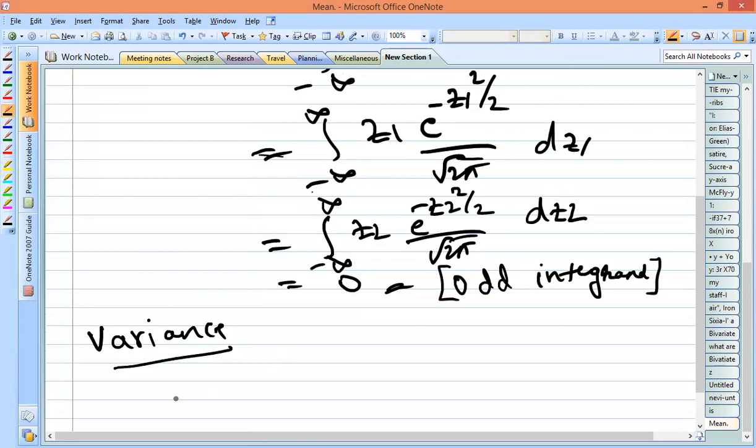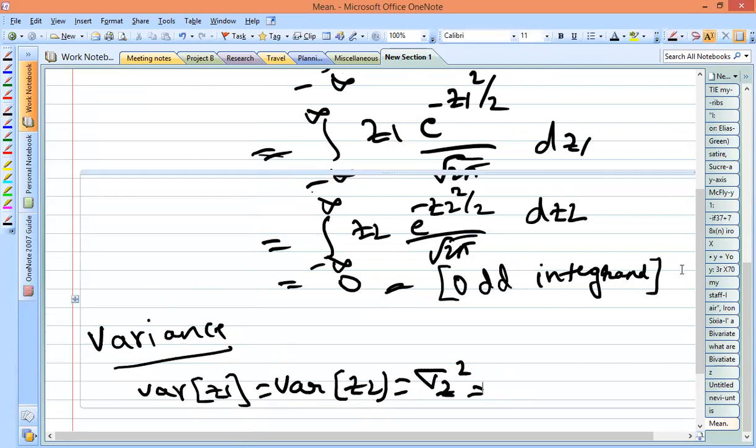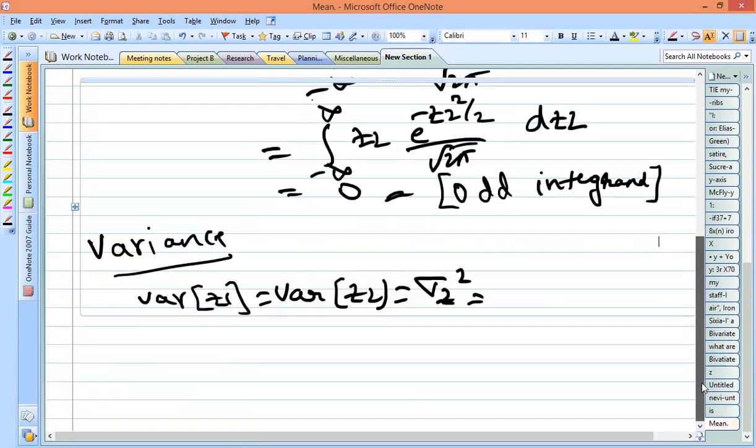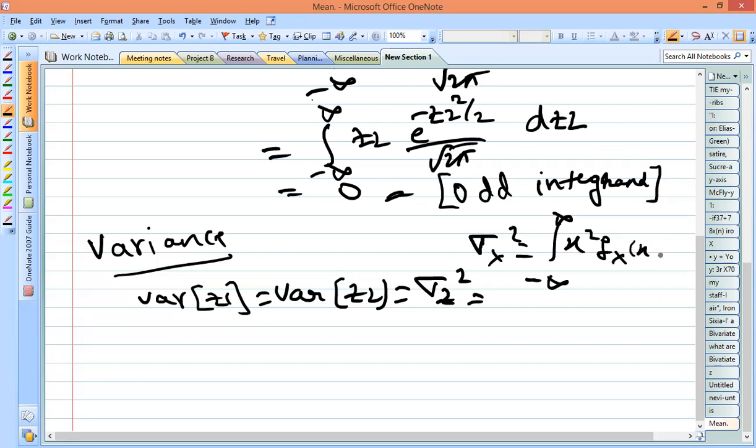Variance of z1 is equal to variance of z2, which is represented as sigma z square. What is the equation for variance? In general, for sigma x square, we can write the equation as the integral from minus infinity to plus infinity of x square into fX of x into dx.